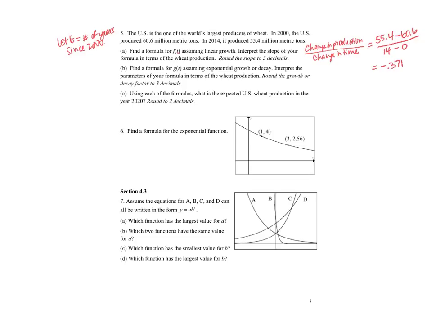And so then our function, f of t, is going to be the slope, negative 0.371 times t, plus our initial value. In 2000, it was 60.6. And so that's my linear function. Now, what are the units of the 0.371? Well, production was measured in million metric tons, and time was measured in years.